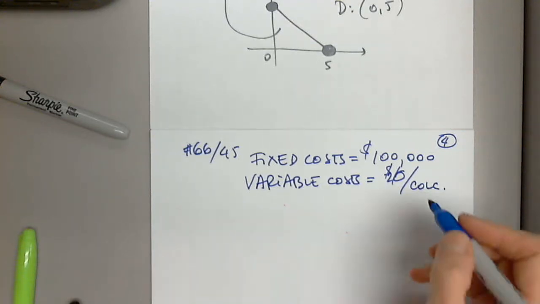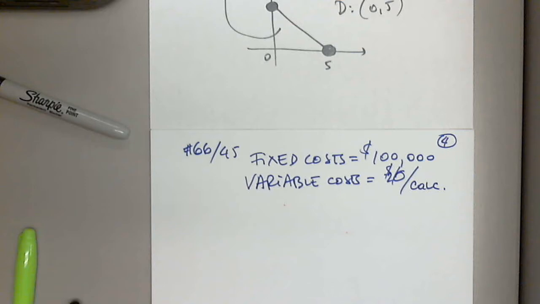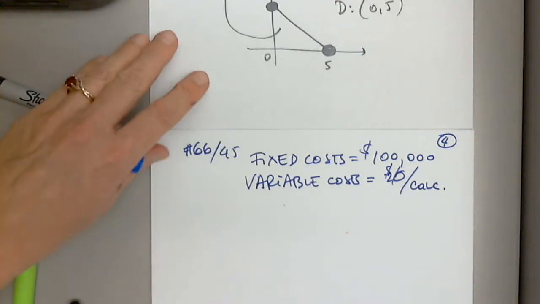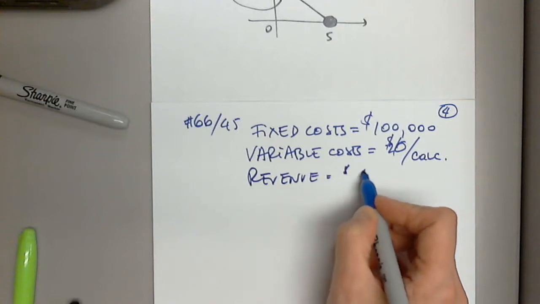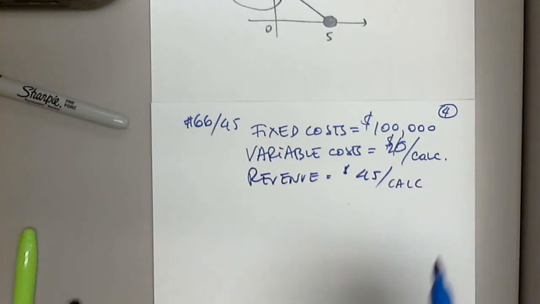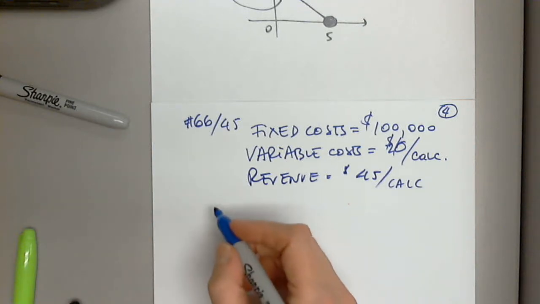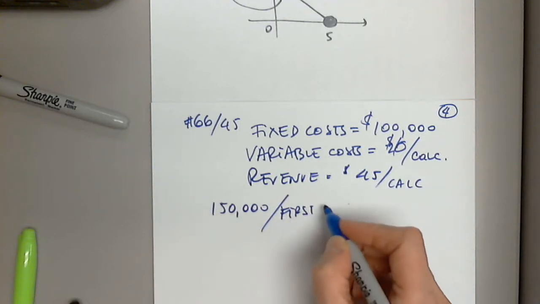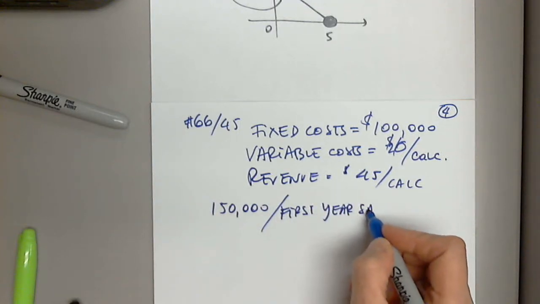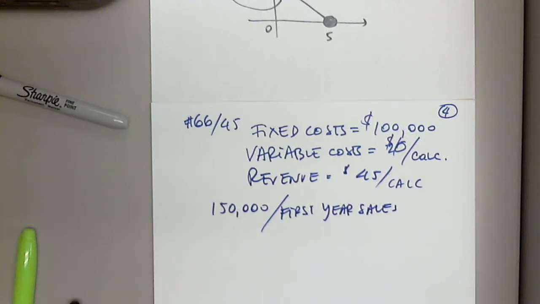For each calculator. What else? The sales department projects that 150,000 calculators will be sold during the first year at the price of, so revenue, $45 per calculator. So they said 150,000 first year sales.